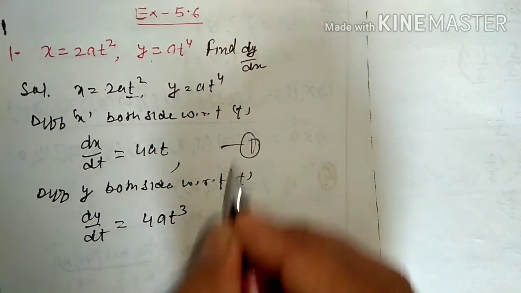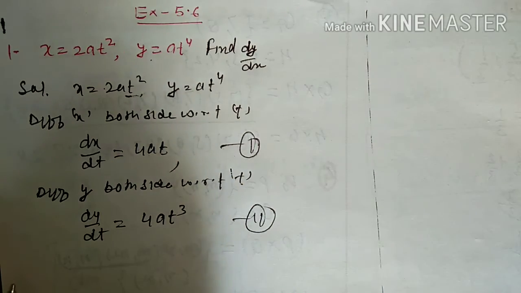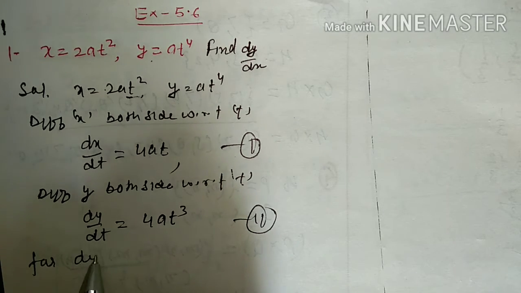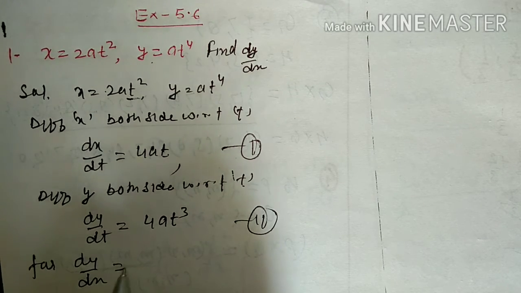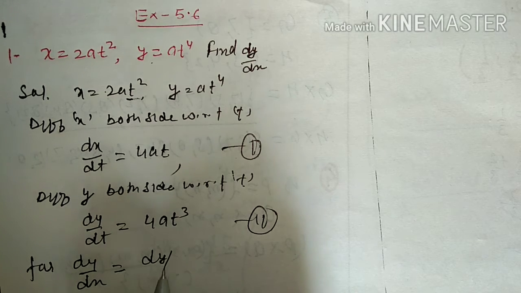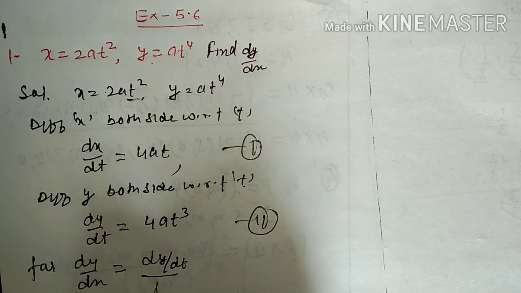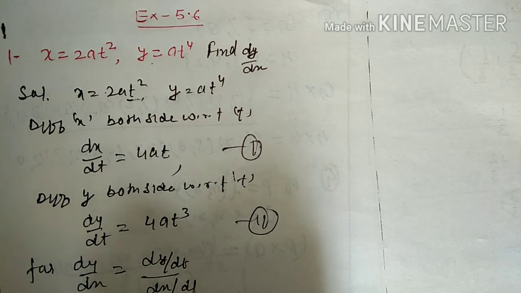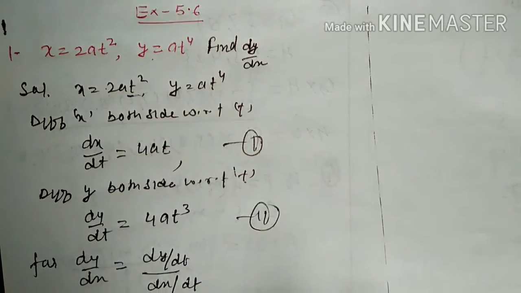Now we have equation first and equation second. So we can write dy upon dx as dy upon dt divided by dx upon dt. Clear?